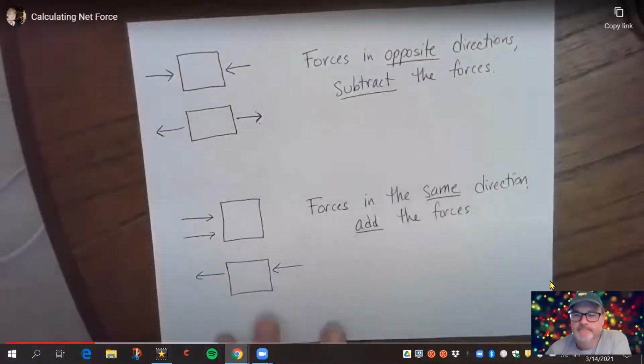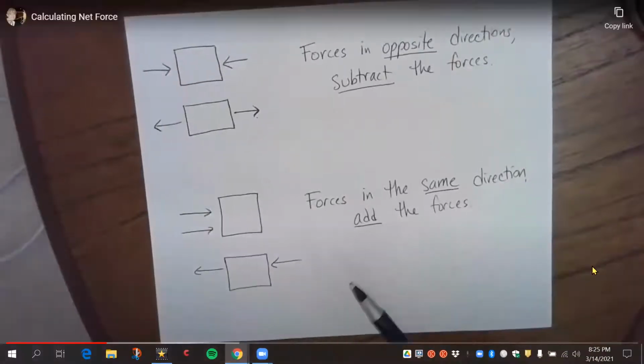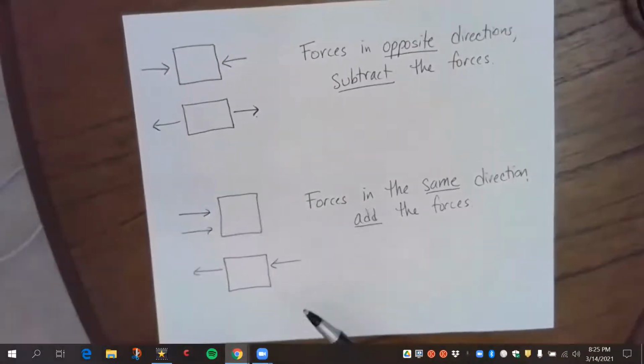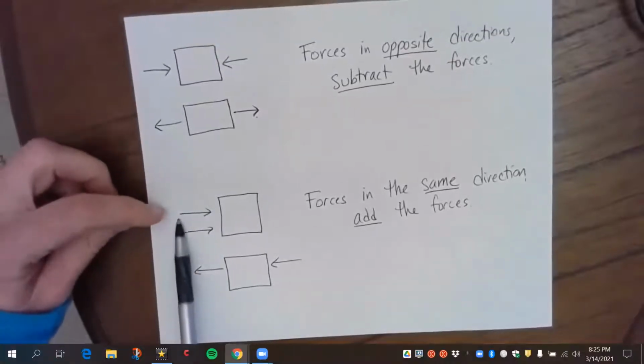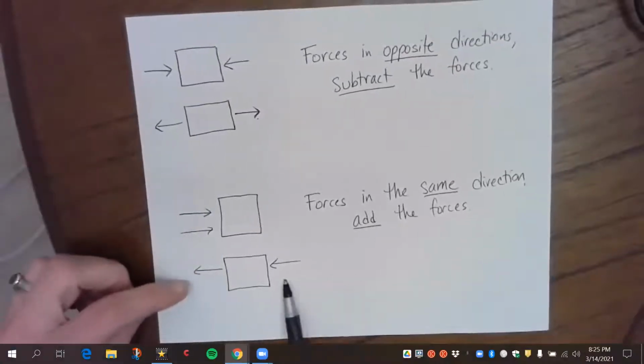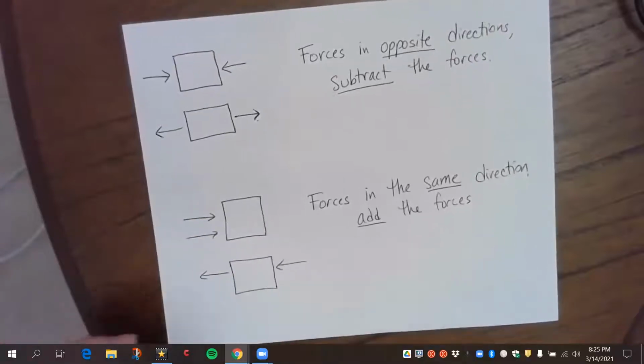If the forces are acting in the same direction, then you're going to add them together because they're working together to move an object or attempt to move an object in some direction. It doesn't matter if the two forces are coming from the same side or from opposite sides, like one is pushing and one is pulling. Either way, they're acting in the same direction, so you will add them.